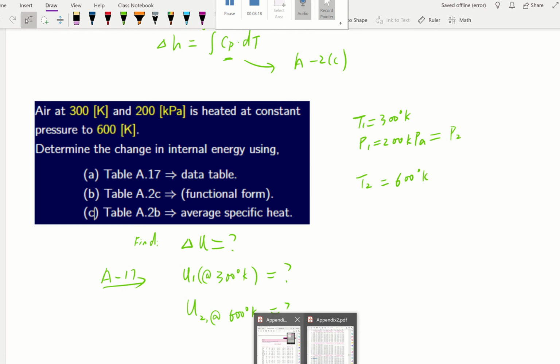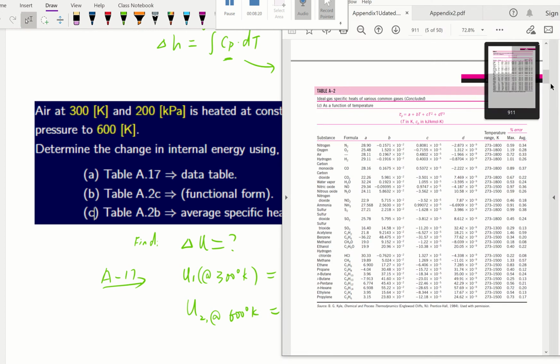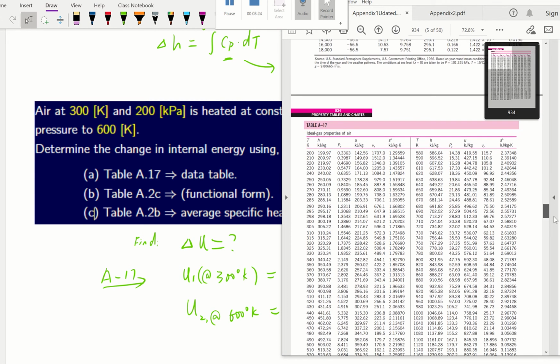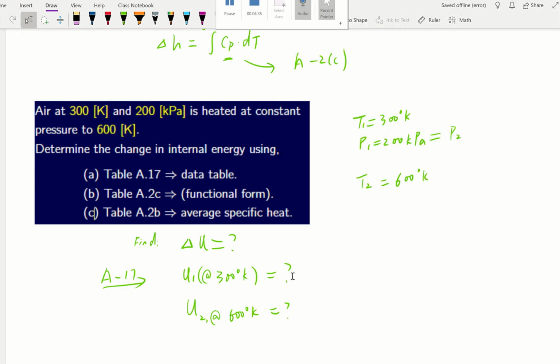At 300 Kelvin, going back to table A17, we have U as 214.07, in units of kilojoule per kilogram.